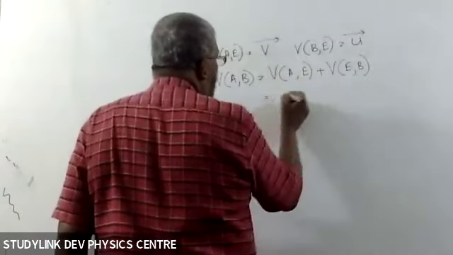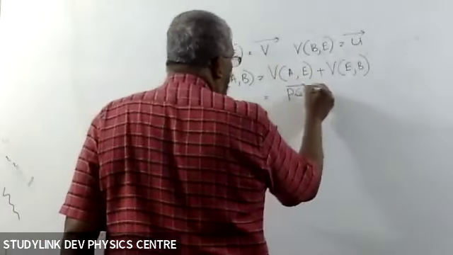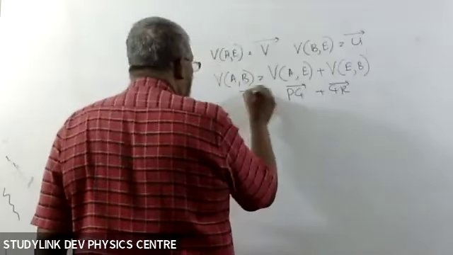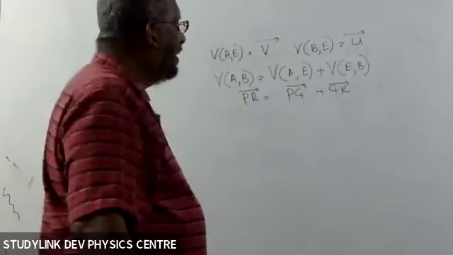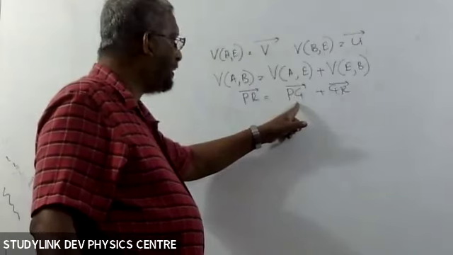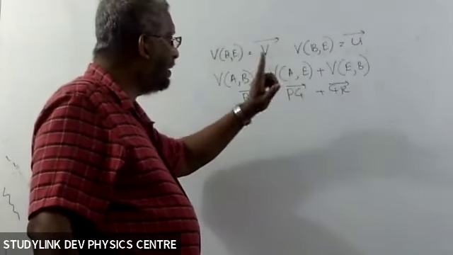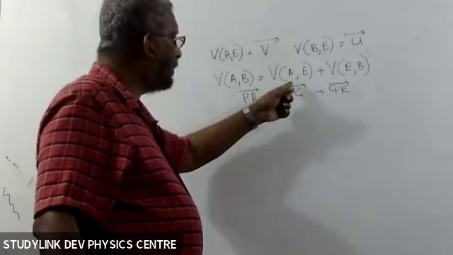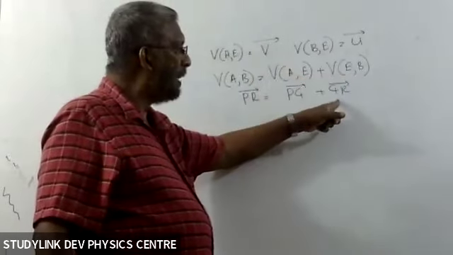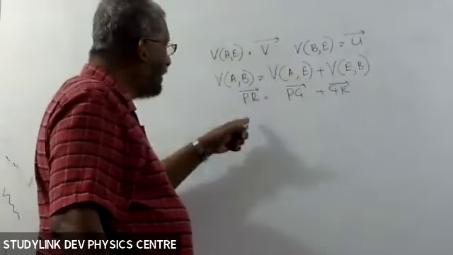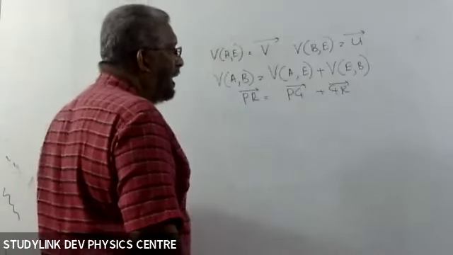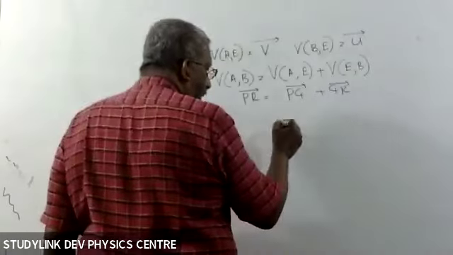But it's better if you write like this: PQ plus QR, then the resultant or the vector addition is PR. This means the vector PQ, a straight line with direction and magnitude, is represented by VAE. VEB is represented by QR. Then VAB is represented by PR. But here a triangle is not there.